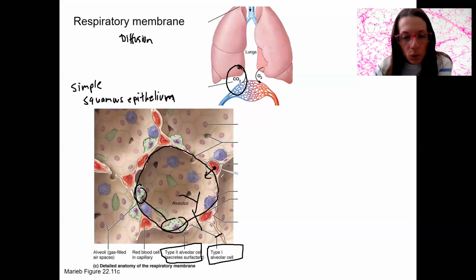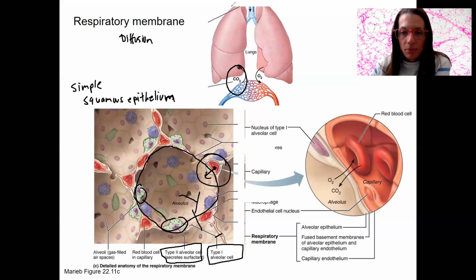So let's zoom into this right here. This is going to be called external respiration because we are going from the external environment, diffusion into the bloodstream.